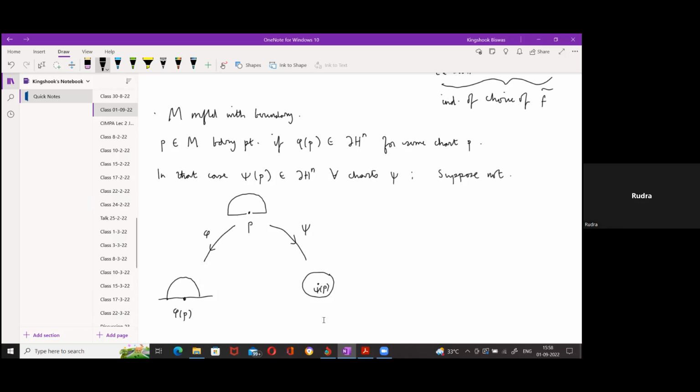Now you look at the change of charts this way. You look at F equal to phi composed with psi inverse. Now this is a continuous one-to-one mapping on an open subset of Rn, because I'm assuming that psi maps a neighborhood of P to an open set in Rn.